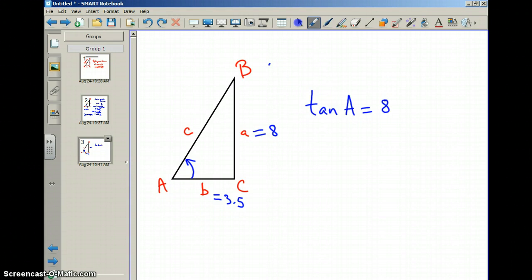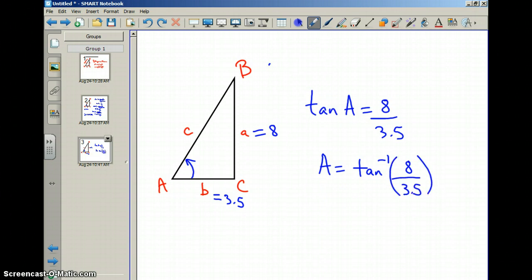Tangent equals opposite over adjacent. So 8 divided by 3.5. Then angle A can be obtained by taking the inverse tangent of both sides. Or angle A is equal to inverse tangent of 8 divided by 3.5. And of course, 8 divided by 3.5 is just a number.